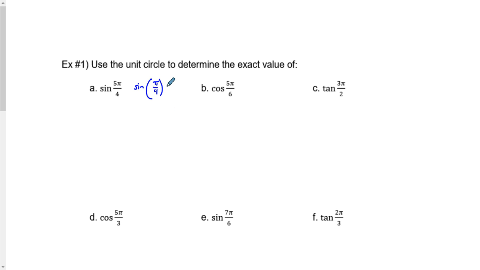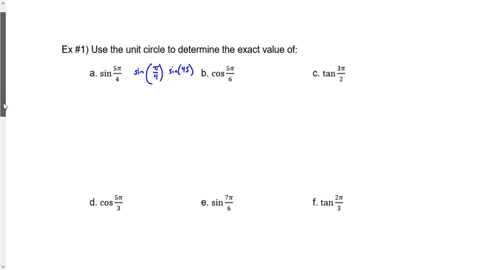And a 1/4 pi is 45 degrees. So if we use our hand rule, the sine of 45 is √2/2.